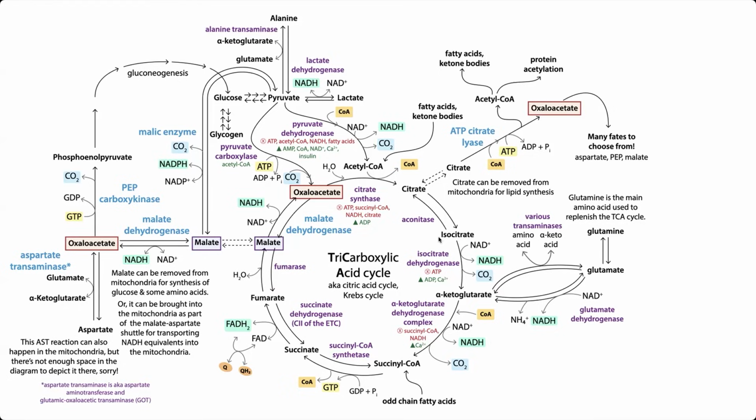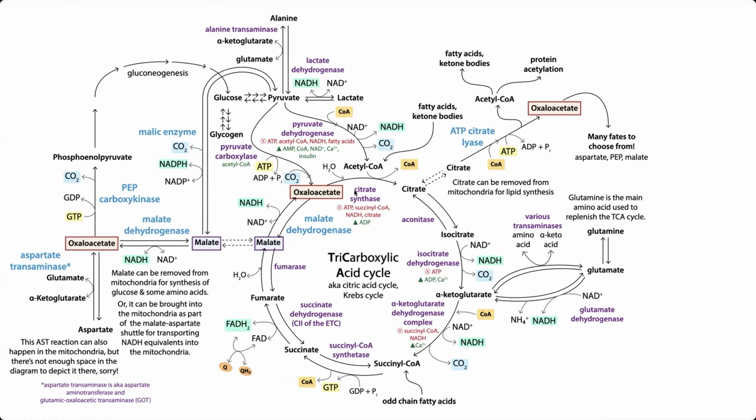So we can take out, say, malate to go make glucose, and then we could add in oxaloacetate through pyruvate carboxylase. And then that would allow this cycle to keep going. But acetyl-CoA cannot come in unless you already have oxaloacetate in there. So if you take something out of the cycle, you've got to put something in the cycle that's already kind of like in the cycle, not just the acetyl-CoA.